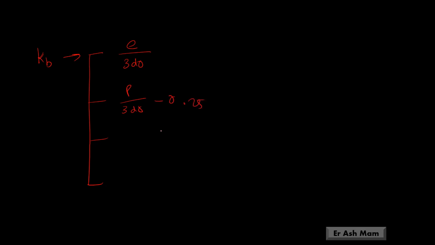Third one is Fub upon Fup. And the last one is 1. With the help of this, you can calculate kb, where e should be greater than 1.5 times the diameter of hole, and p should be greater than 2.5 times the nominal diameter. So with the help of these formulas, you can calculate kb.